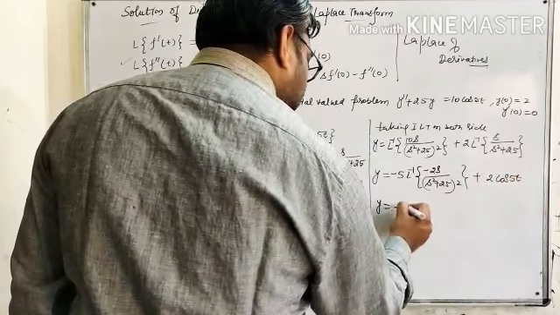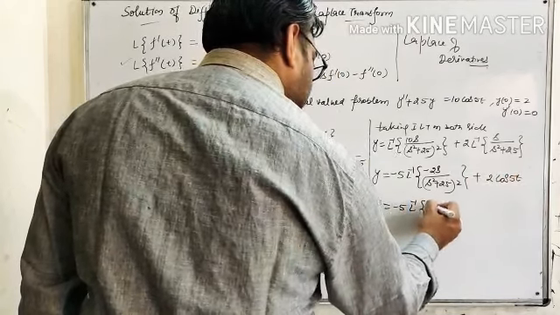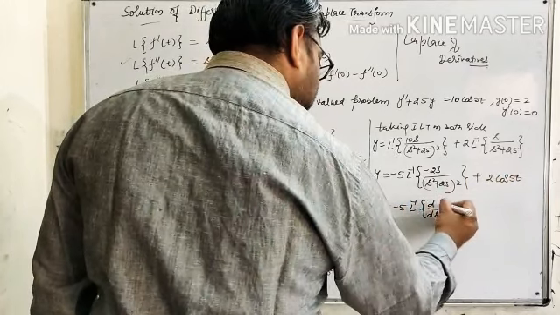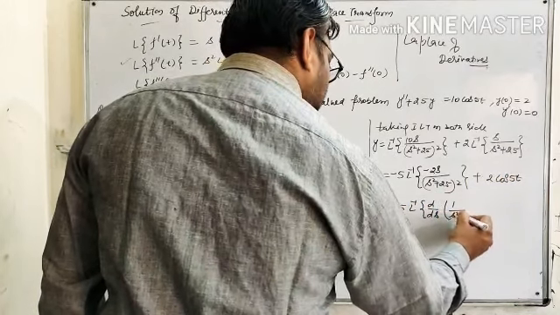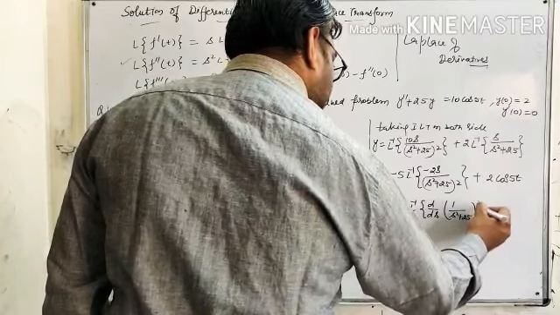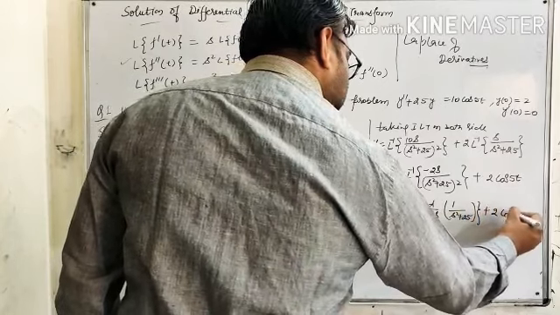Now y is equal to minus 5 inverse Laplace of d upon ds of 1 upon s square plus 25, plus 2 cos 5t.